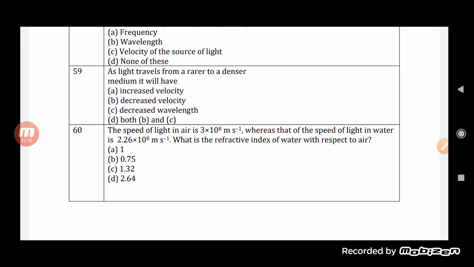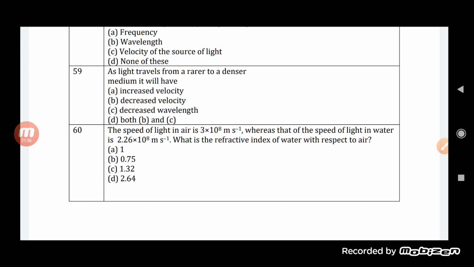For that, refractive index is equal to sin i upon sin r, or we can say the speed of light in air upon the speed of light in the medium. So it will be 3 into 10 to the power 8 meter per second upon 2.26 into 10 to the power 8 meter per second in water.